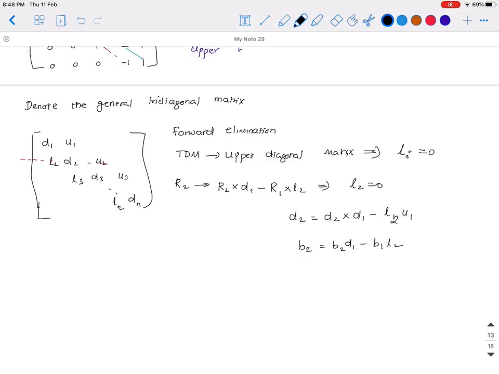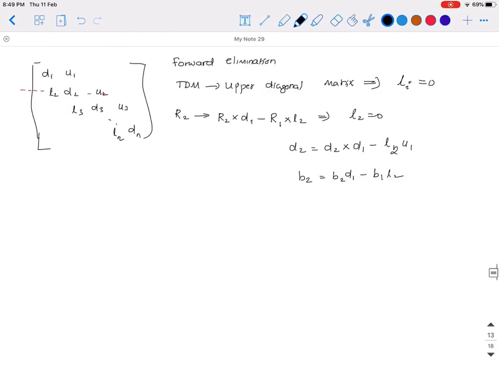We are multiplying the first row by L2 and subtracting the resulting value from row 2 times D1. You can repeat this process for all the rows. In the end, you get an upper triangular matrix with only 2 diagonals, and the back substitution is very straightforward.